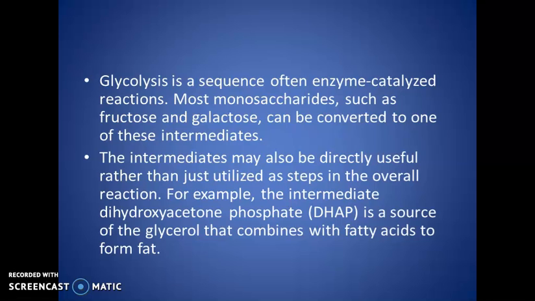Glycolysis is a sequence of enzyme catalyzed reactions. Most monosaccharides such as fructose and galactose can be converted to one of these intermediates. The intermediates may also be directly useful rather than just utilized as steps in the overall reaction.